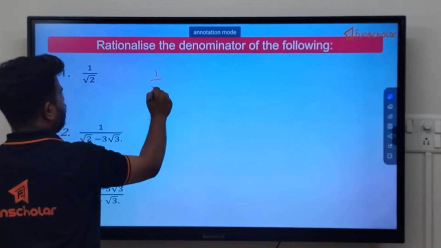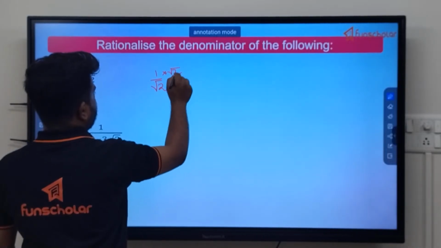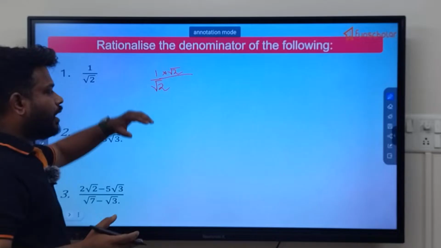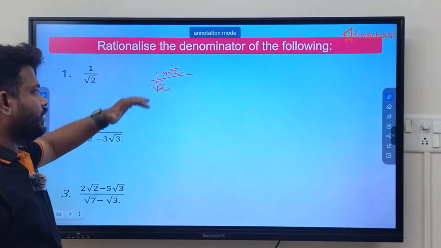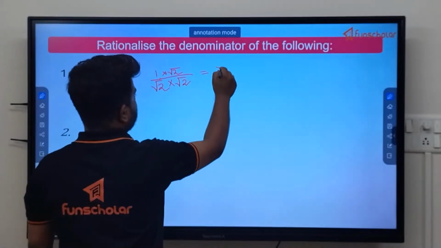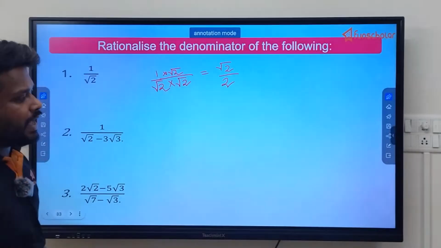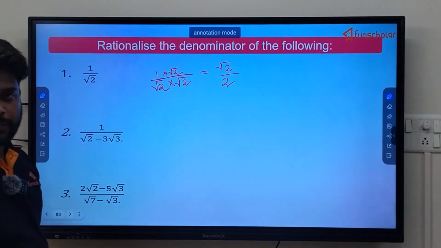For all these cases we will just multiply by root 2 in the numerator up and the denominator down. So it will look like this, and it has become a rational number.